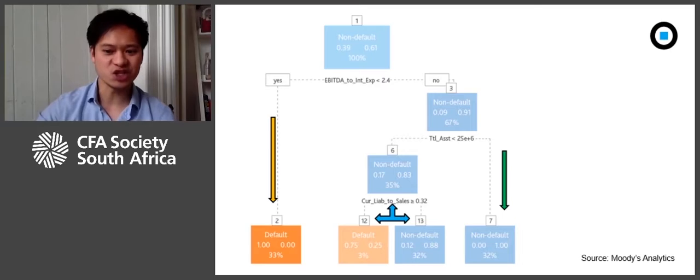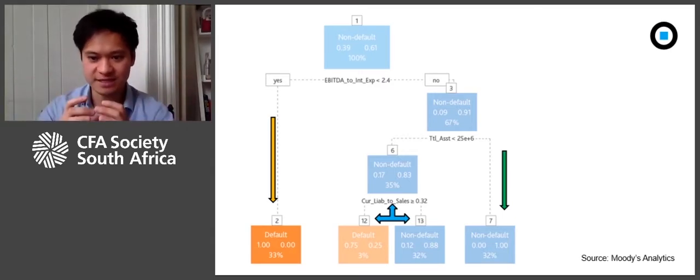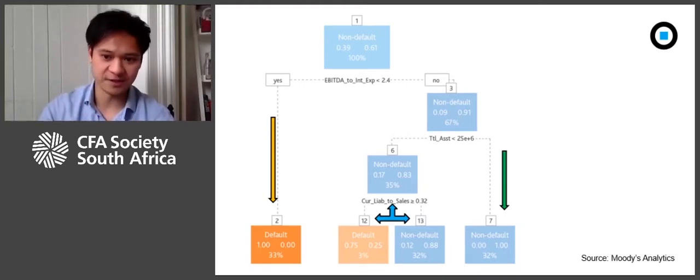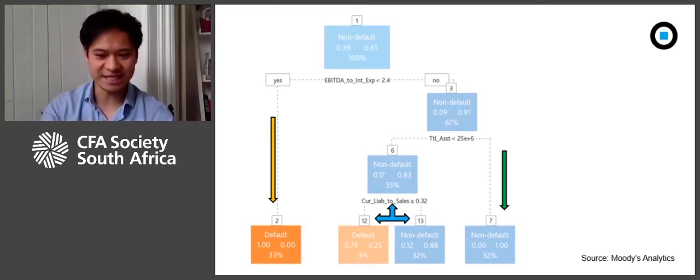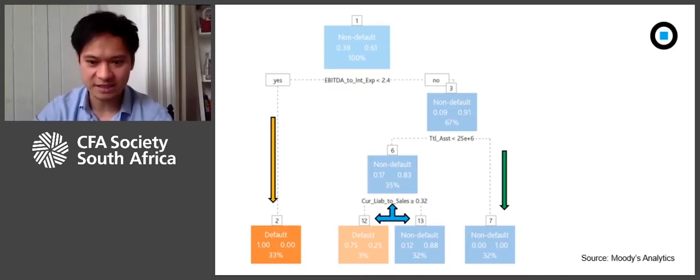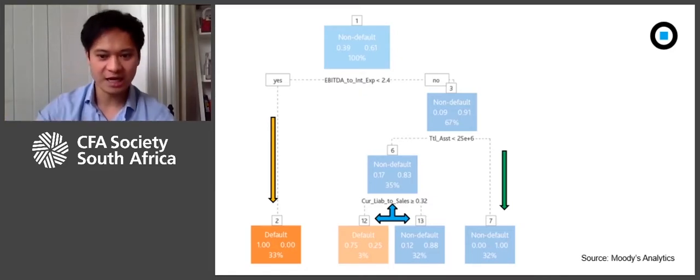So this is where each single tree is only shown a random subset of all of the data, which it's likely to overfit on. However, because each tree only sees a different part of the data, and no one tree sees all of the data, the errors in each tree diversify each other away when you average the prediction across all of them. So it's utilizing the power of diversification, which is a concept that most of you as investors should know well.